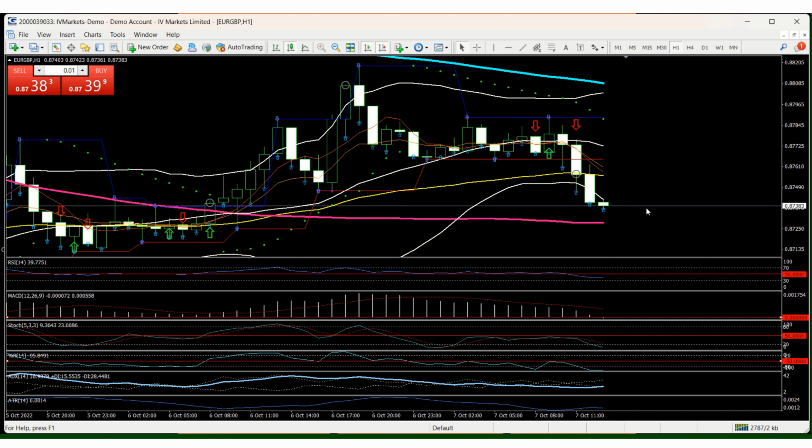So there are six up arrows, and the number of down arrows is 14. 14 down arrows, 6 up arrows, and the neutral ones are 1, 2, 3. So 3 neutral arrows.